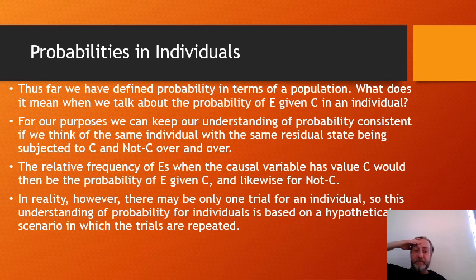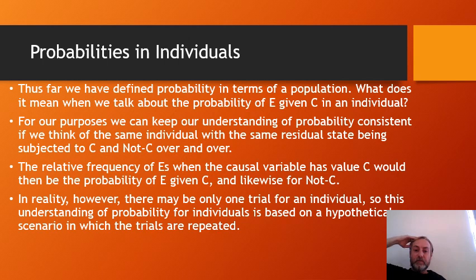So the relative frequency of me getting knocked out when I'm hit over the head, that's the probability of E given C. In reality, in many of these cases, you can't do that. With smoking and cancer, you can't give a person another life where they don't smoke.